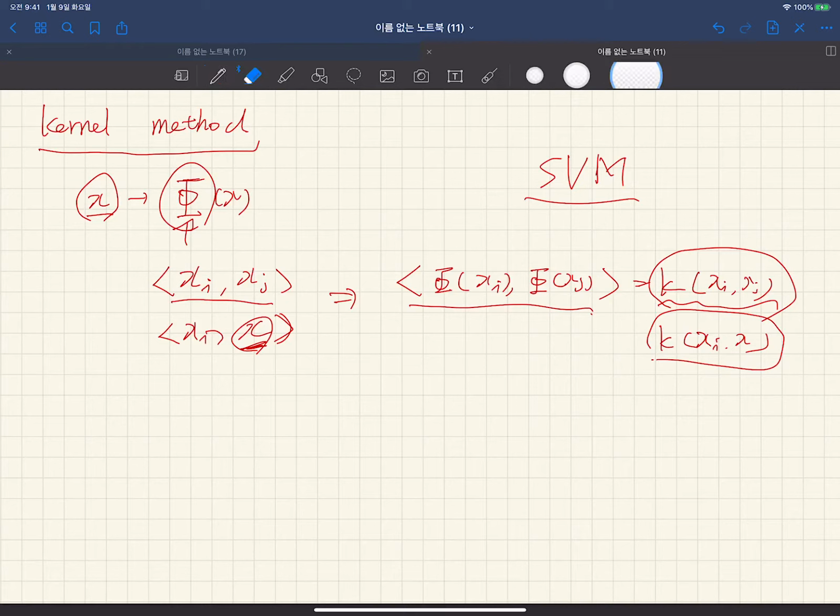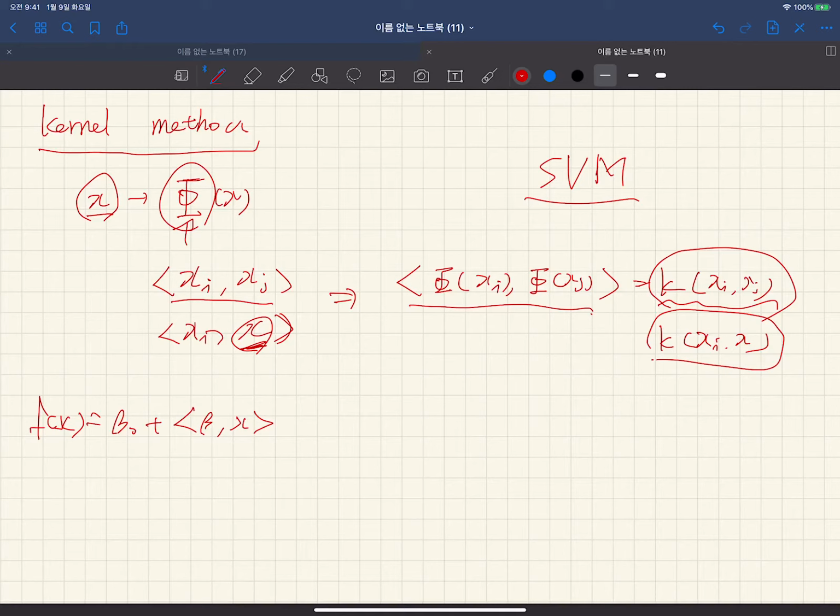The original linear regression was beta 0 plus the inner product between beta and x. That was our prediction function f(x).